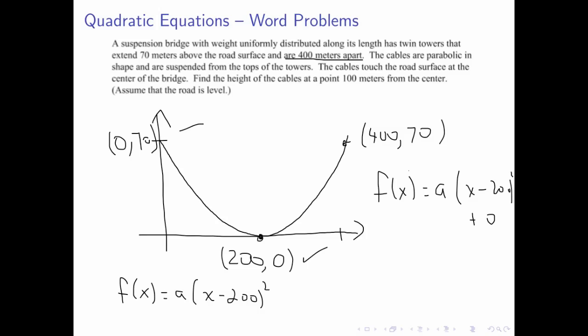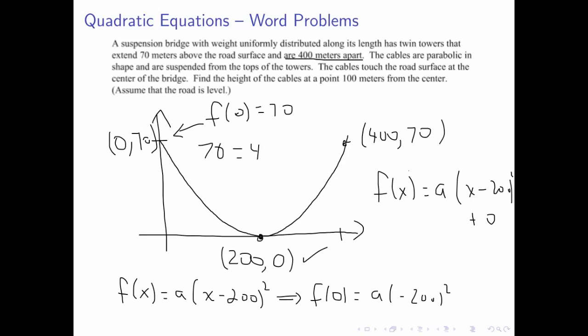So this point, we'll pick this one since it involves 0, it'll be easier. This point tells us that f of 0 is equal to 70, but our equation tells us that f of 0 ought to be a times negative 200 squared. So in order for those two things to both be true, 70 must be equal to a times 200 squared.